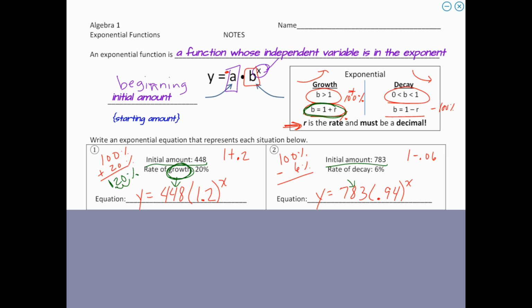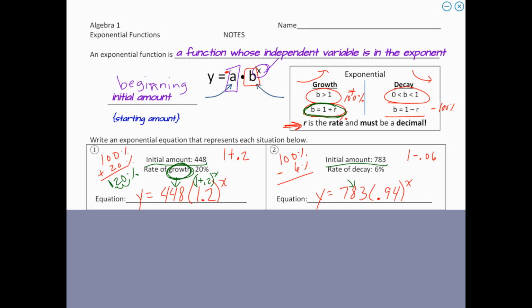Then if I change it to a decimal, it's 1.2. There's nothing wrong with putting the 1 like that in the parentheses to the x power. That shows your work. This is the most simplified version here.